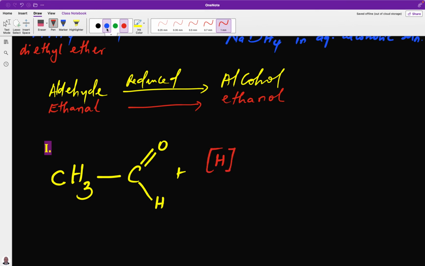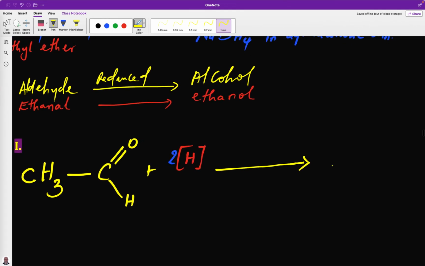Again, hydrogen in a square bracket indicates that it is from a reducing agent.